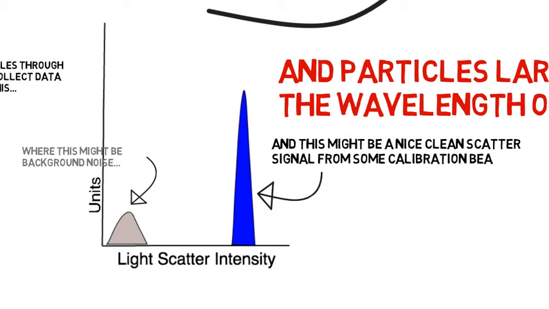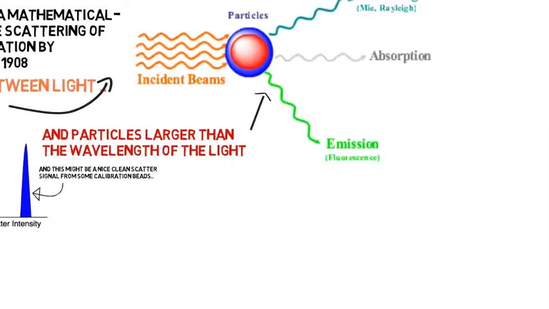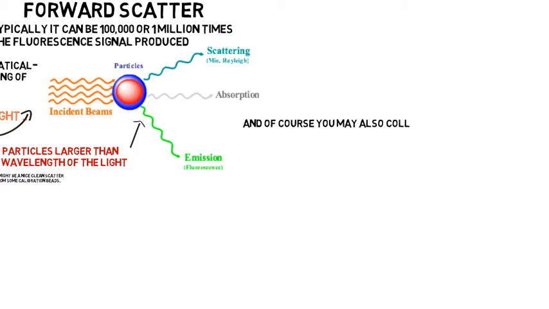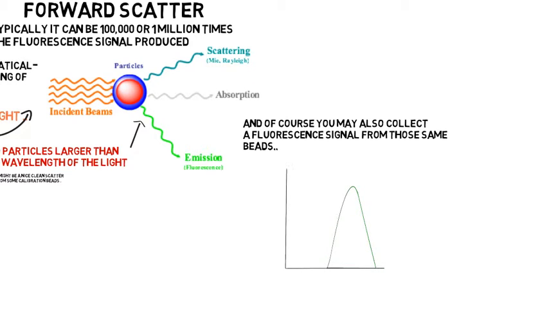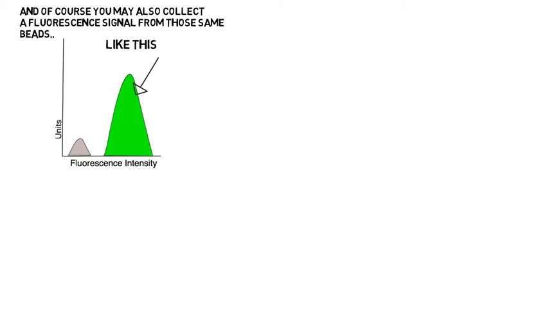And of course, this might be the sort of histogram you get when you run a single size calibration bead. At the same time, you can of course collect a fluorescence signal coming from those same beads, and a histogram of that might look like this. You would not be surprised to learn that we often use light scatter to trigger sample collection. More about that in another Cytorial.